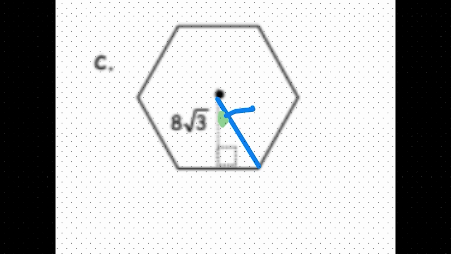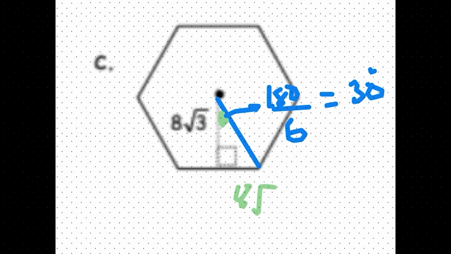So it's 512, right? Oh no, sorry, I didn't divide that. Wait, so this side is 8 root 3 divided by 3. That is 8.